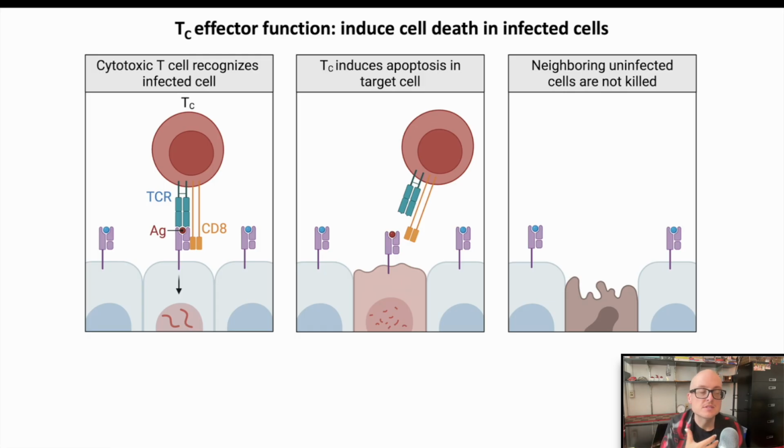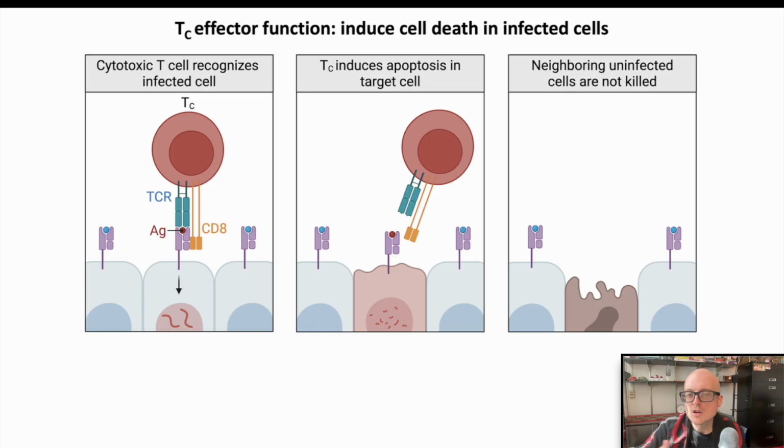It's using its ribosomes to make its proteins so that it can replicate itself. And so the infected cell is really a factory that is producing more of that bacterium or virus or whatever it is. And so by killing the cell, we can basically remove that cell as a replicative niche for the pathogen. And this is usually a pretty good strategy. So it's very important generally to kill cells when they are infected.